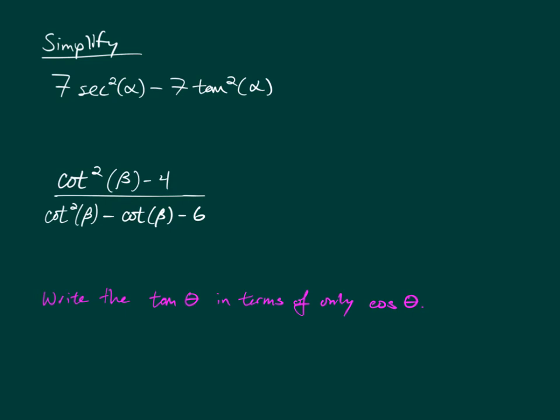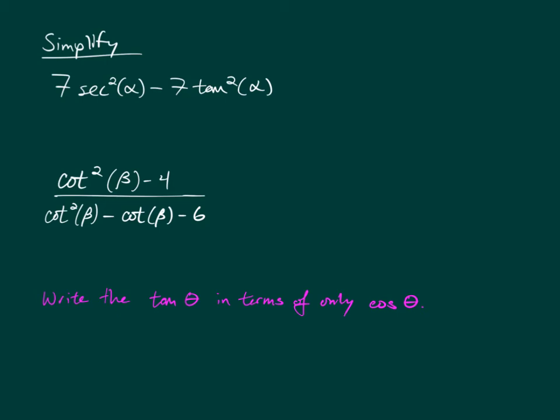On this slide, we will use the previous page's worth of identities to help simplify some trigonometric expressions, as well as bringing in some older ideas such as factoring and canceling to simplify some other trigonometric expressions.